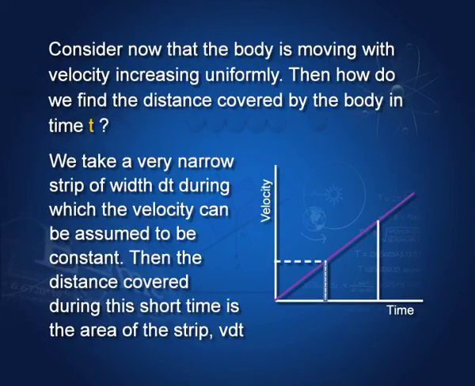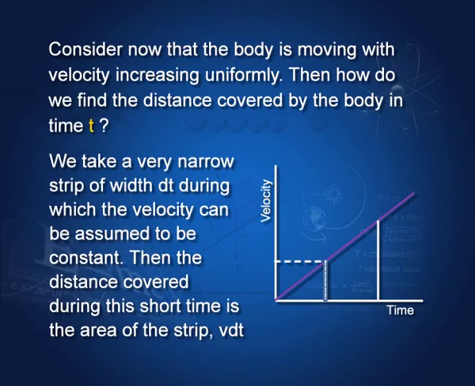But if the velocity is changing uniformly, let us say, then how do you find the distance covered? For this purpose, we draw very narrow strips on this graph, and for each narrow strip we can assume the velocity to be uniform, and therefore, the distance covered is the area of this strip.